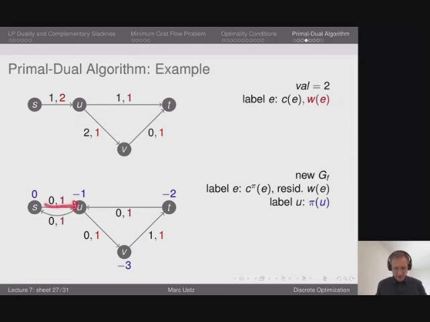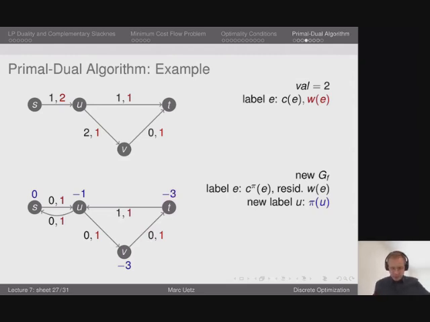That would be a distance of 0 here, a distance of 0 here, and the distance to get to t would be equal to 1 because of this reduced cost coefficient equal to 1 here, and therefore there will be an update in the corresponding node potential for the node t. So this will be -2 minus the shortest path length, which is 1, so this will become -3.